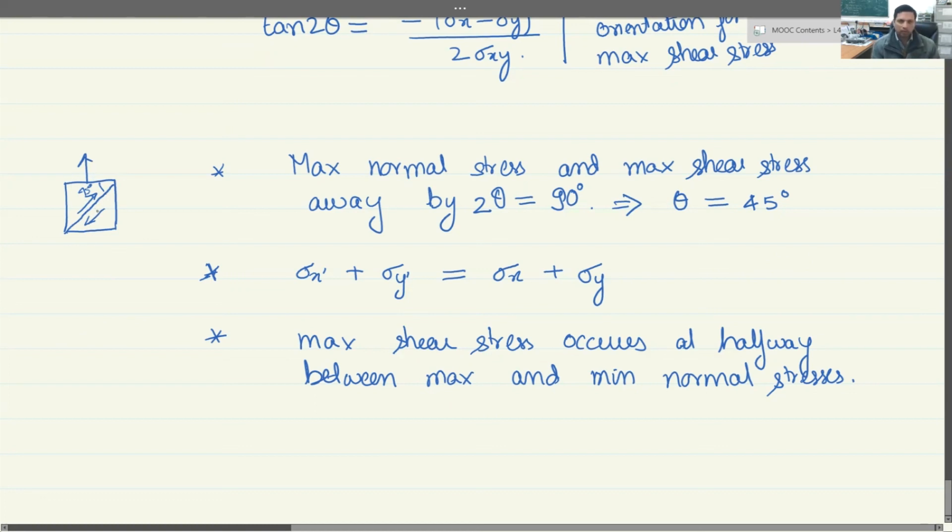At this angle, you have maximum shear stress. And if you come here, you can see this is 0 normal stress. So between maximum and minimum normal stress, you see that there is a maximum shear stress condition. So the points that have been mentioned can be understood with respect to this particular drawing.